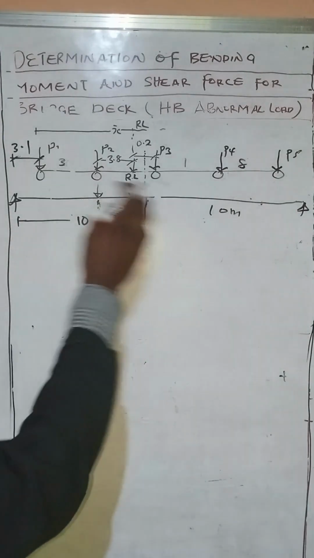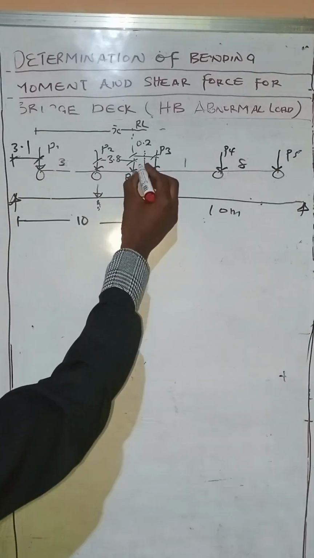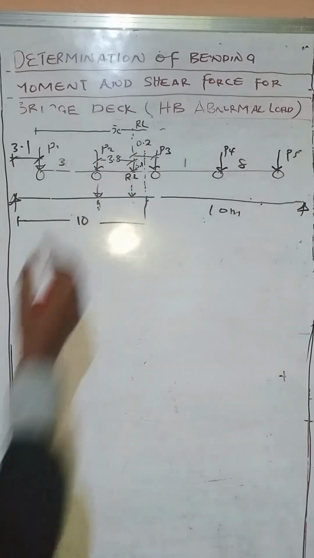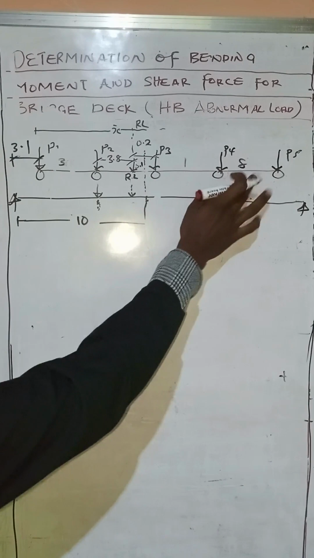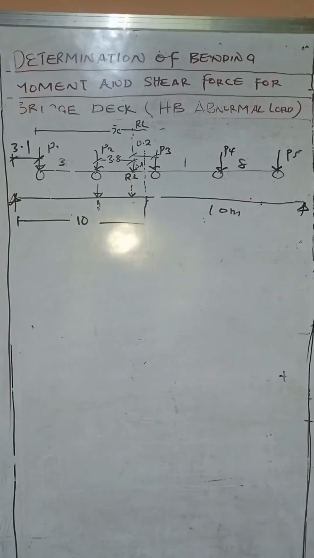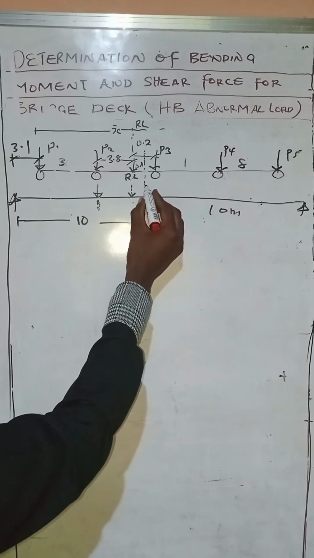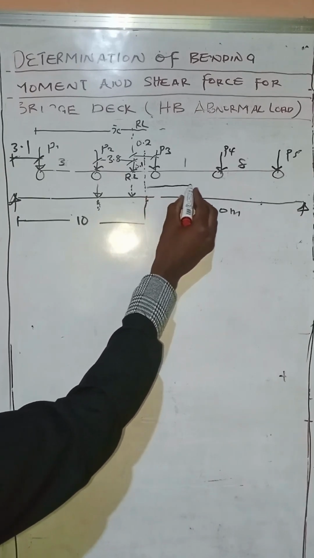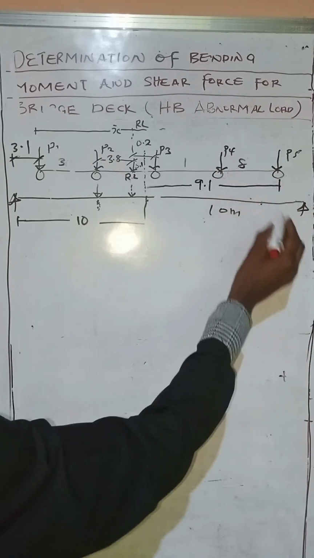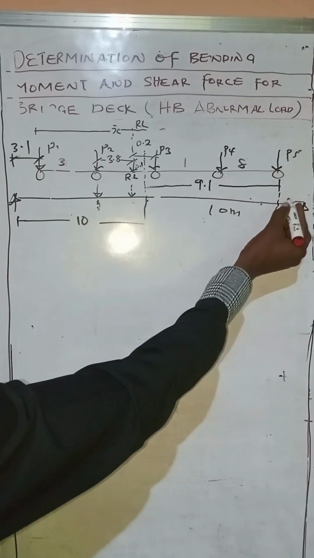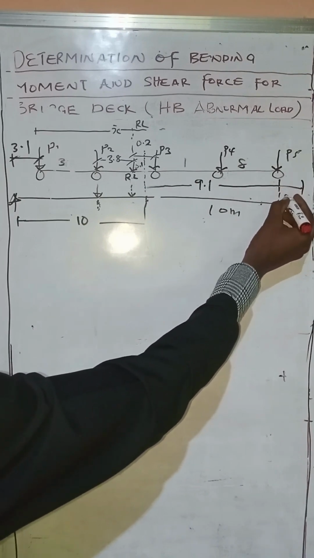If here is 3.1 and here 0.1, then from here to where we have this load is 9.1. So if that is the case, here is going to be 0.9.